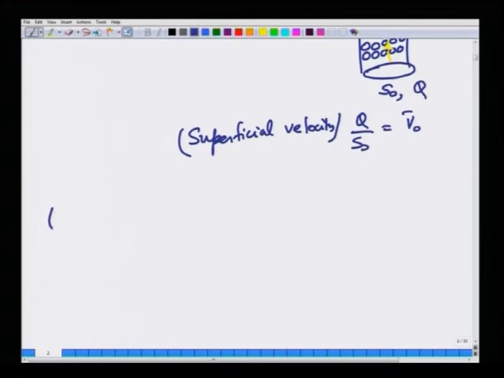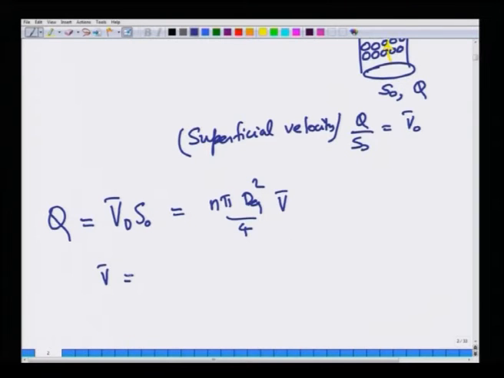We can derive this in a very simple way. Q is nothing but V naught, the superficial velocity, times S naught, that is also equal to n pi d equivalent squared by 4 times the actual velocity in these tubes. So, we can relate these two to get V in terms of V naught. This is 4 V naught S naught divided by n pi d equivalent squared.